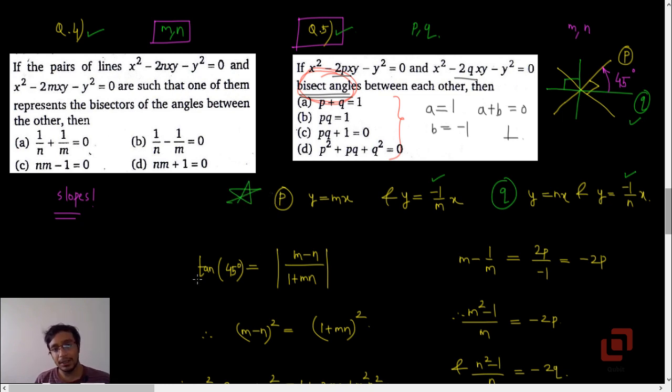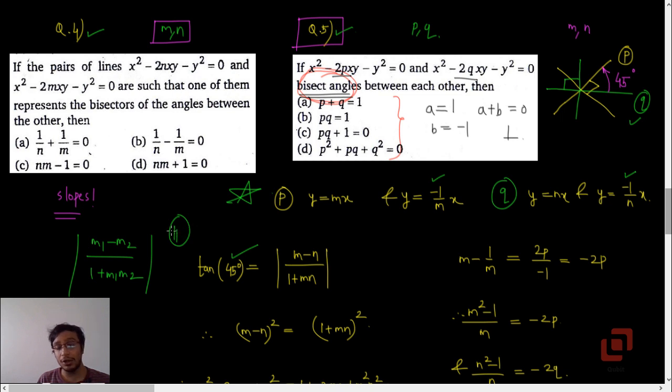Okay, then next is the observation that we made, that if we take any line from the p equation and any line from the q equation, then the angle between them will be 45 degrees. Okay, so tan 45 is mod of m1 minus m2 upon 1 plus m1 m2, again a formula from the 11th standard.